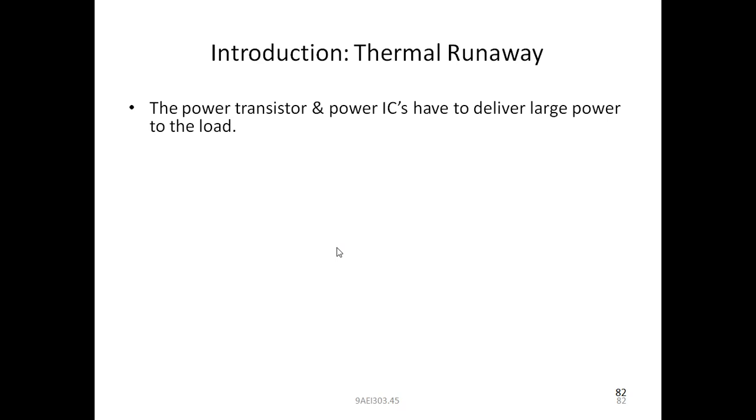Actually, what is thermal runaway? As we discussed in the earlier classes, the concept of thermal runaway is this: when reverse bias is applied to the junction, what will happen?